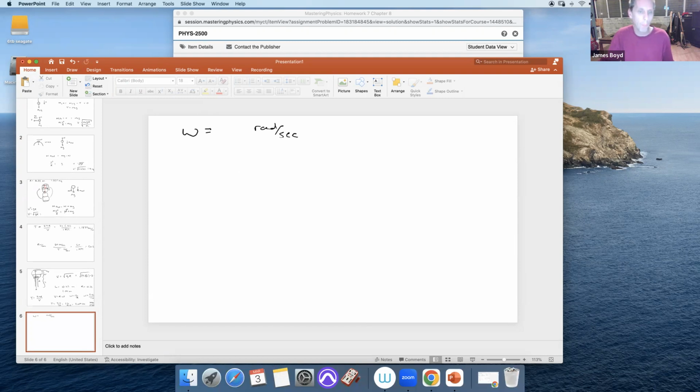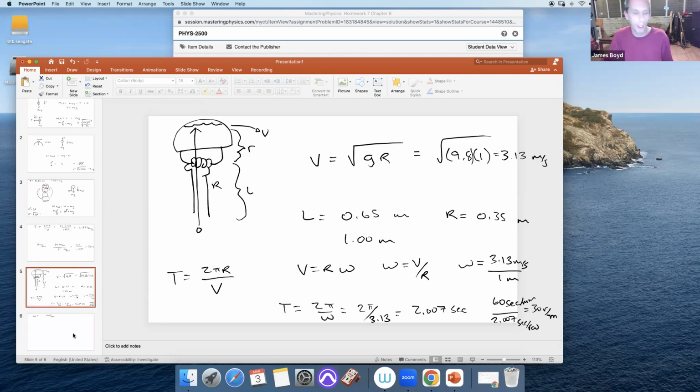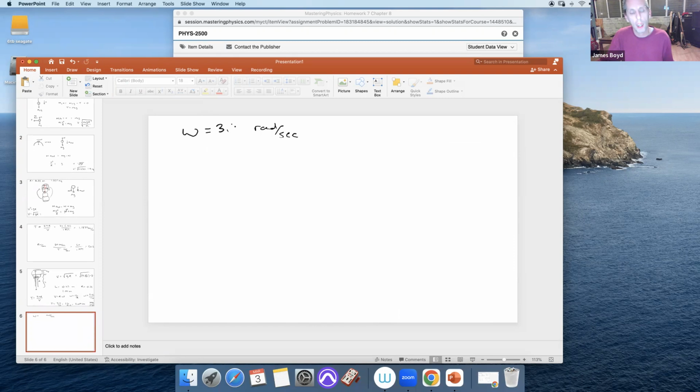And what we found was that our omega was 3.13 rads per second. However, if we multiply that by 60 seconds, that will give us the radians in 1 minute.